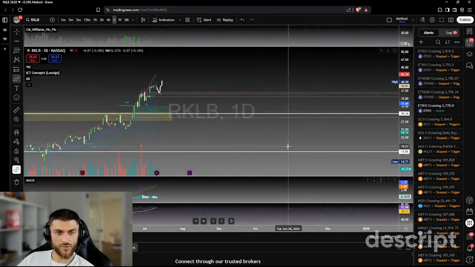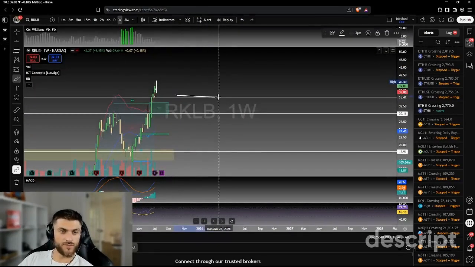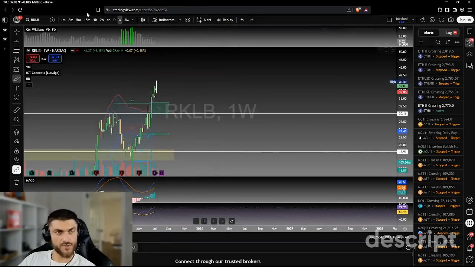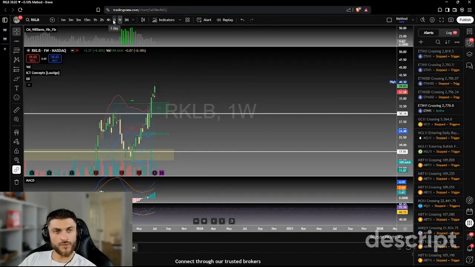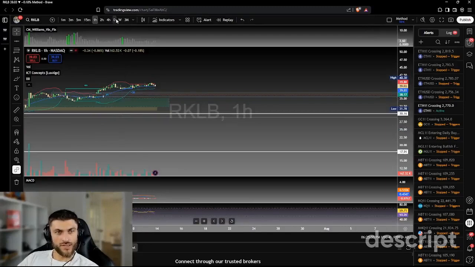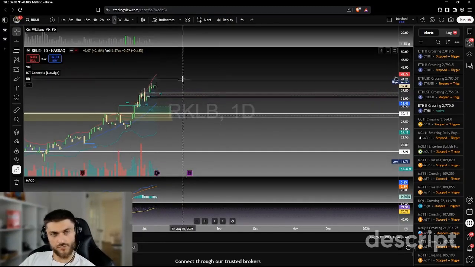It's because the daily's rolling over a little bit, but the weekly is screaming upside, in my opinion. But with that hourly and daily, it looks like it wants to retrace and probably find support somewhere around this volume imbalance.